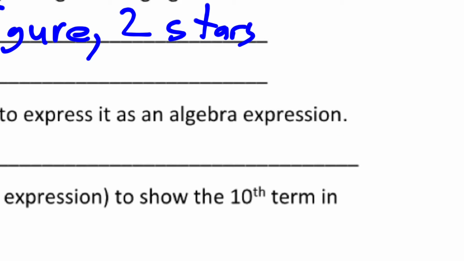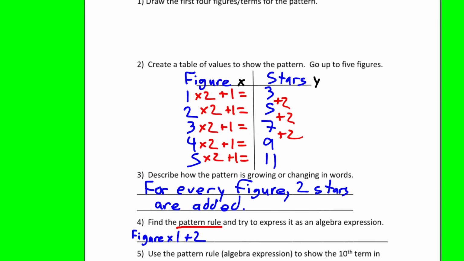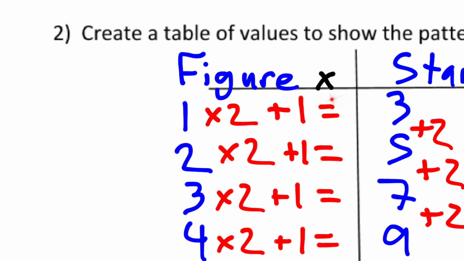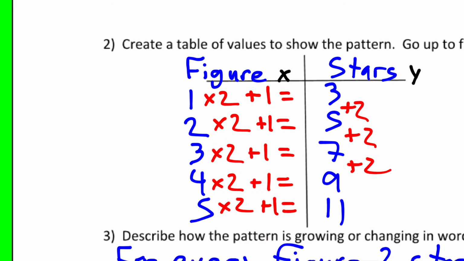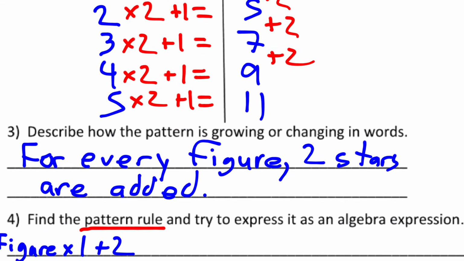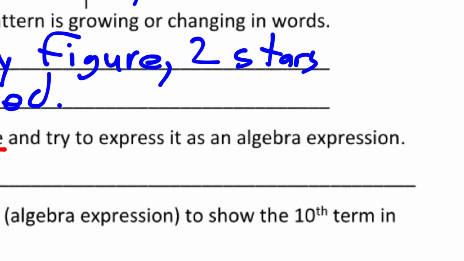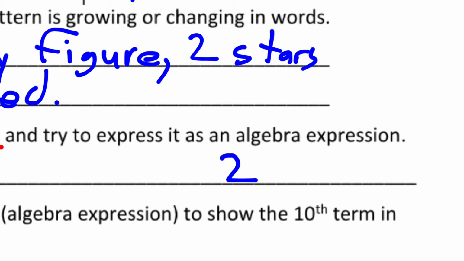But I want to try to write it as an algebra expression using the proper terminology for algebra. So just like the last pattern, how do we show figure times 2 or x times 2? Because we're having x represent the figures, it's not going to be a multiplication sign. So to show x times 2, we're going to write that as 2x.